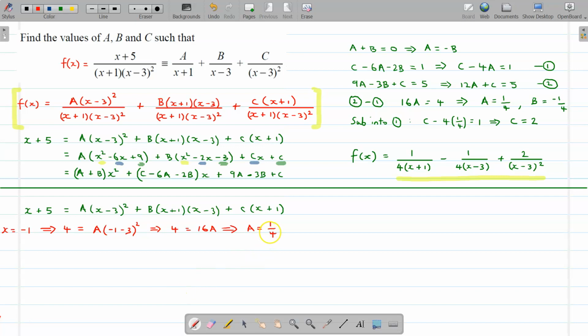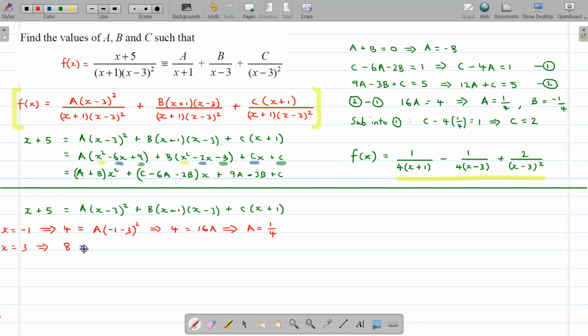Okay, to find the second one, we now substitute x to cause this bracket and this bracket to go to 0. So that would be substituting x equals 3. If x equals 3, the left hand side becomes 3 plus 5, which is 8.